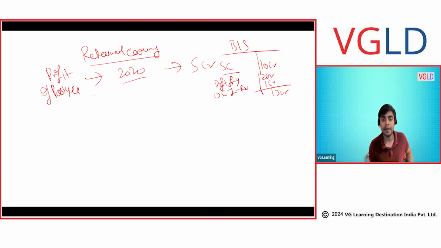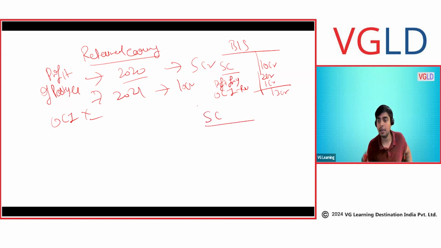Now in 2021, I made a profit of 10 crore and no movement in OCI. No gain was there. So what will happen? Share capital, let's say in 2021 of balance sheet, how would it look? Share capital would be 10 crore. Instead of profit, I should write retained earning.